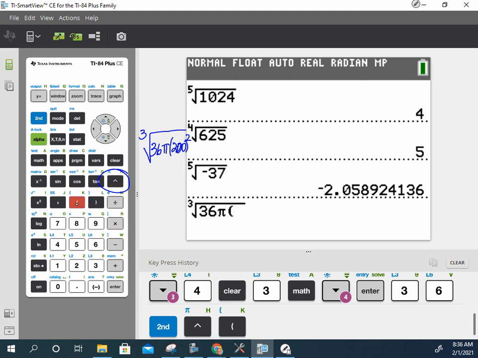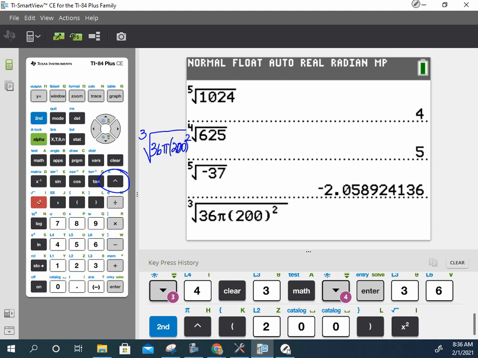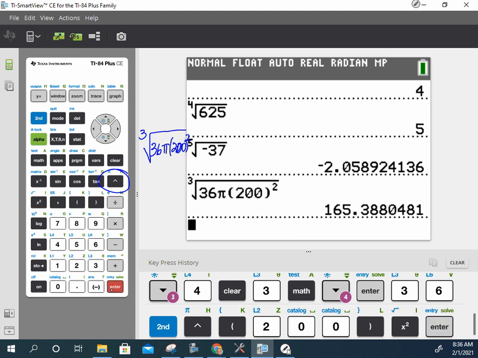Open the parentheses, 200 squared. I literally just put everything in the calculator.